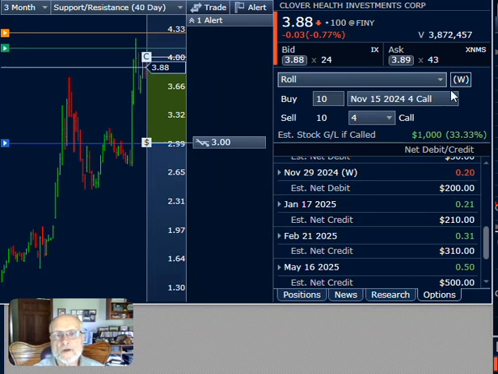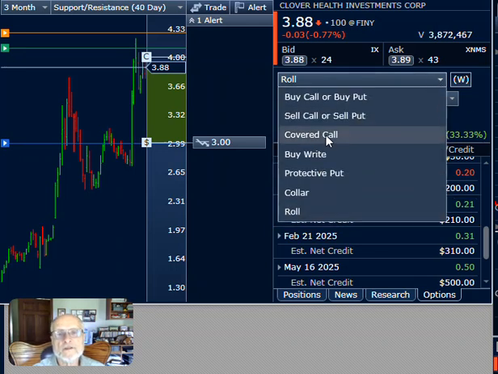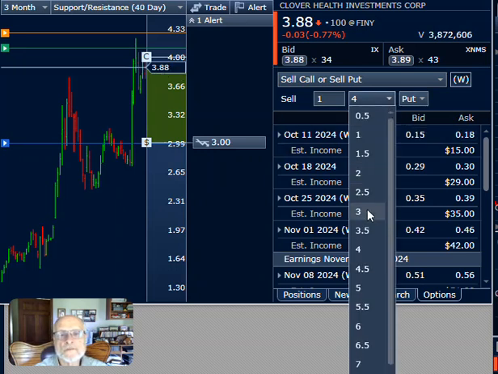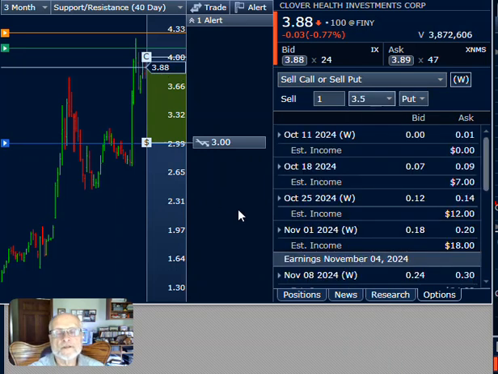But in this case, what I want to do is sell a put, and so using the drop down, I select sell put and change this to put. But I don't want to pay $4 if the contract executes. That's above the current price, so I'm going to change this to $3.50.